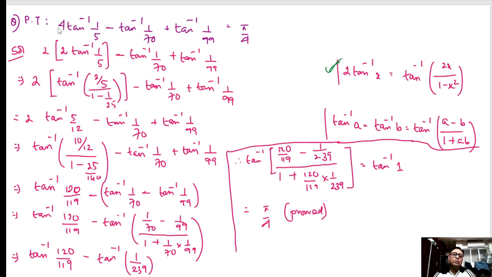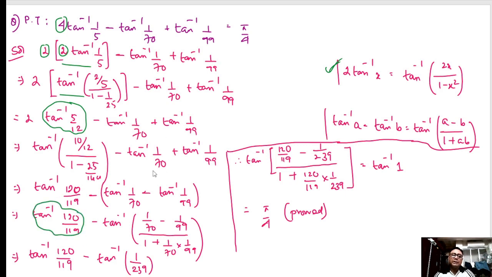So we write this 4 as 2 into 2, so this becomes 2 tan inverse x. The formula is tan inverse 2x by 1 minus x square. So we get this. Now this again looks like 2 tan inverse x, so tan inverse 2x by 1 minus x square, we got it into this.